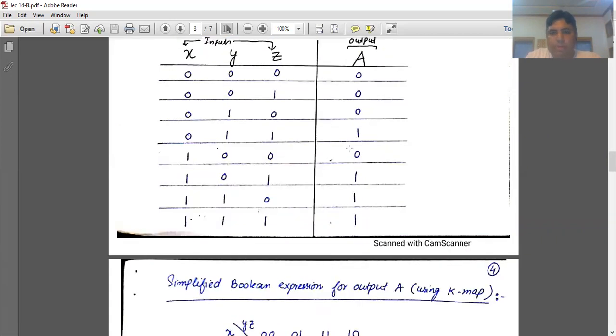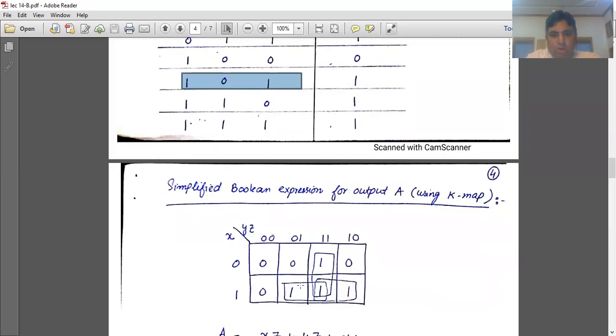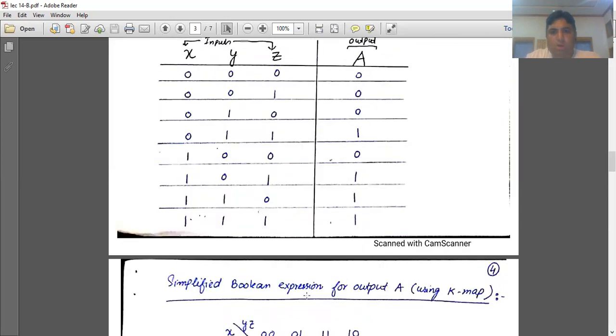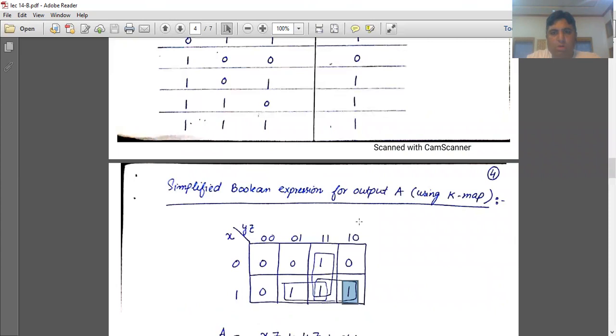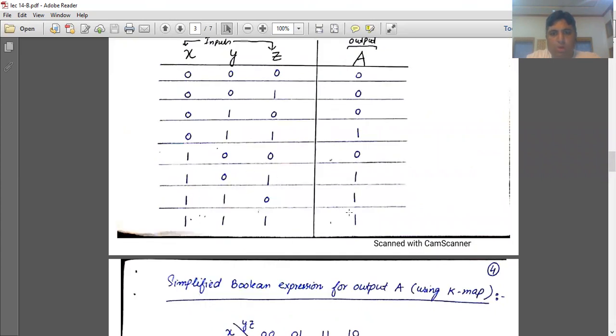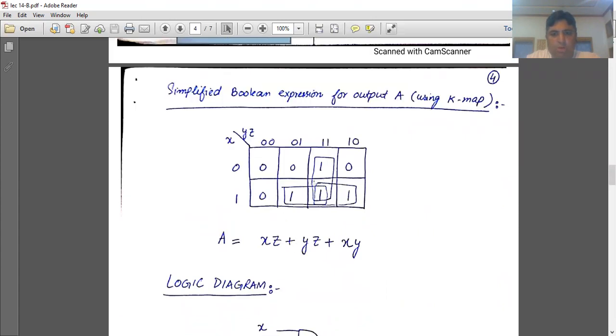Then the output is 1 when the input is 1 0 1, here. Then the output is 1 when the input is 1 1 0, and then the output is 1 when the input is 1 1 1, here.